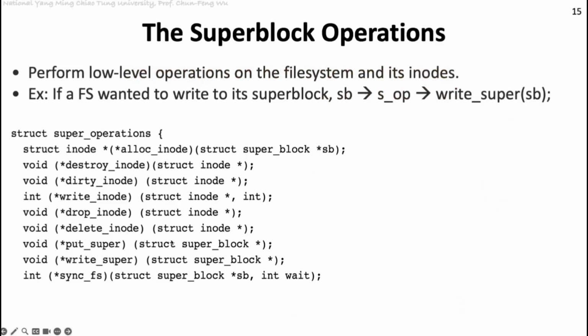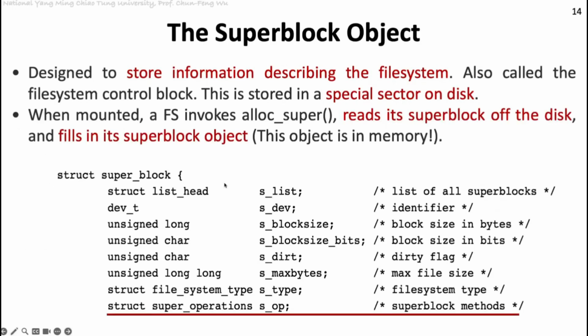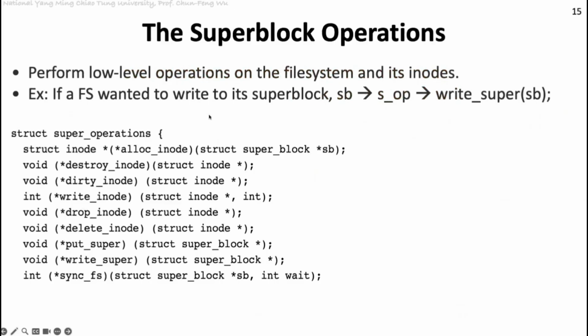For each of them, like read inode, dirty inode, write inode, drop inode, this can be hooked by different file systems. Each file system has their own write inode, drop inode, or dirty inode. Then this hook can be hooked to different file systems.